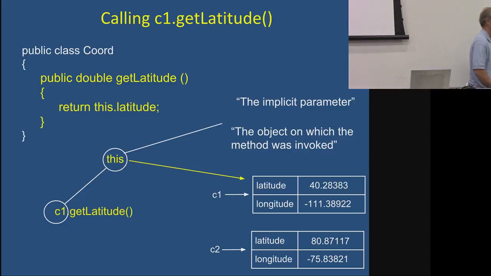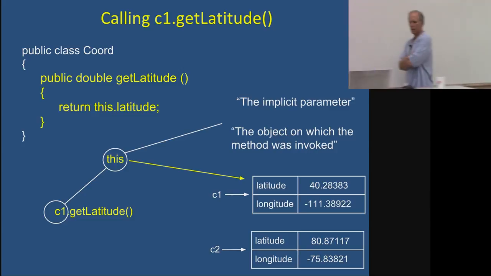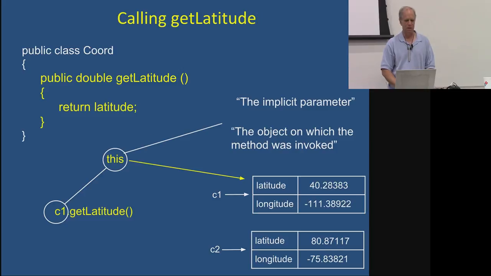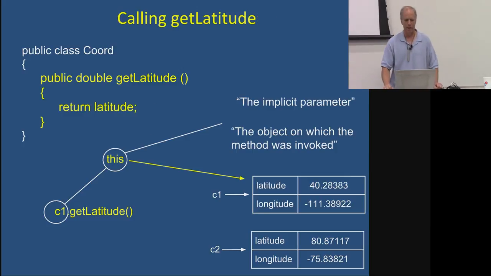Yeah? So in this specific example, it seems like the presence or absence of this right there doesn't really matter. Where's an example where it would matter? Okay, so he's observing that this dot latitude in this case means the same thing as just latitude. We could write this dot latitude until we got sick of it and then start writing latitude. You just got to understand that when you see an instance variable in a method, it's actually an abbreviation for this dot, that instance variable.